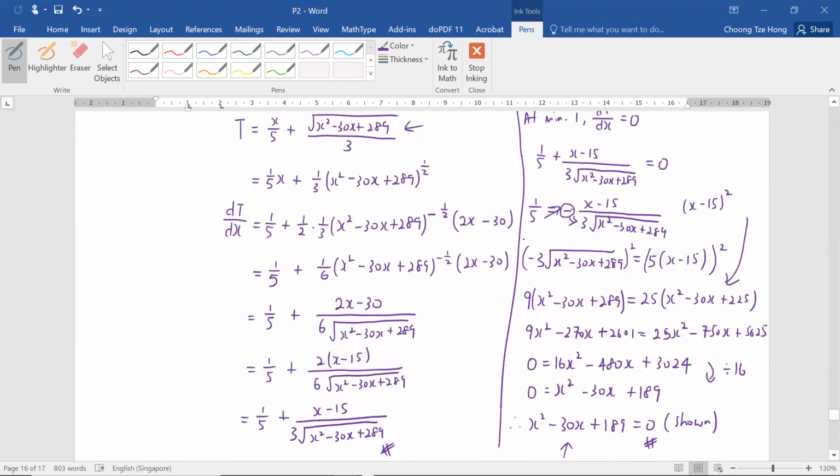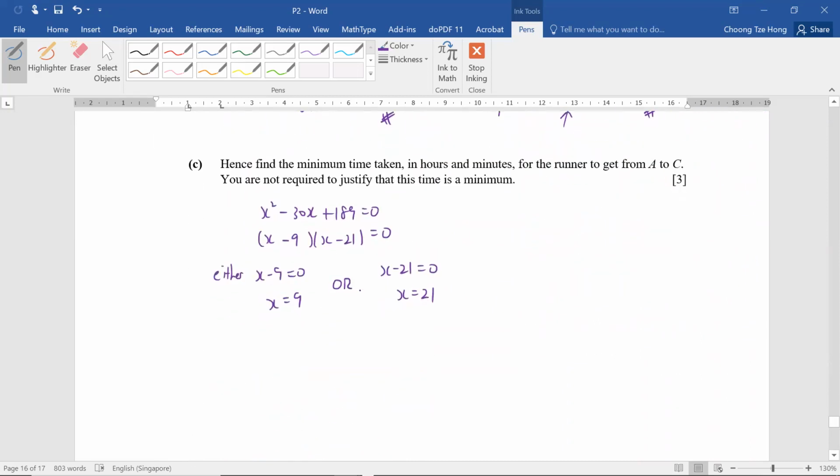So we'll reject this 21, because x should be less than 15. So we will use 9.